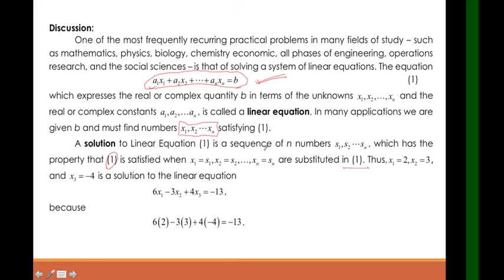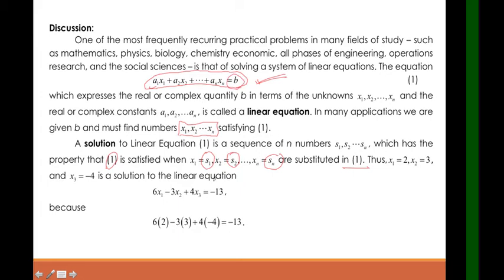In short, to satisfy the linear equation, we need to find the values of x sub 1, x sub 2, up to x sub n, however many variables there are, so that it becomes equal to b.